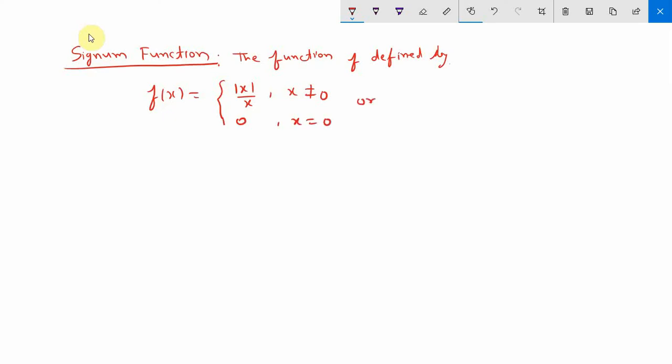Or it can be written as f(x) equal to 1 when x is greater than 0, 0 when x equal to 0, or minus 1 when x is less than 0. So this given function is called signum function.